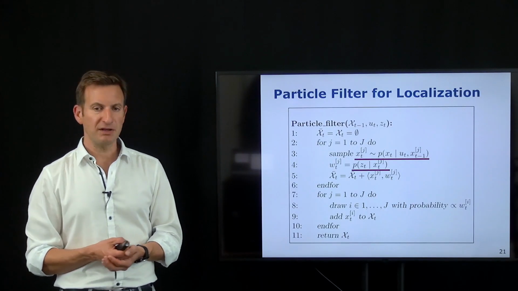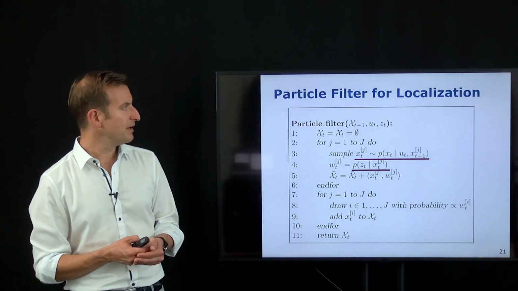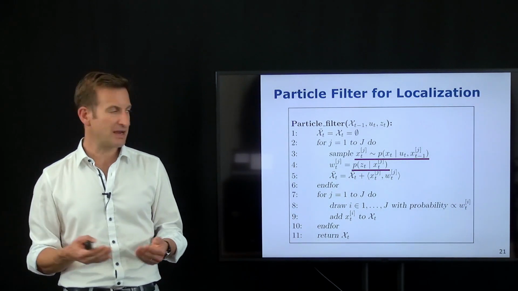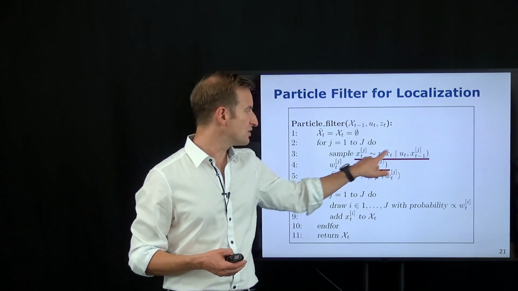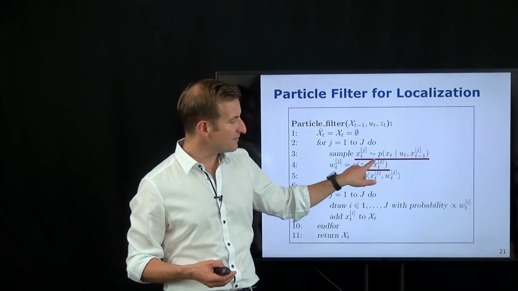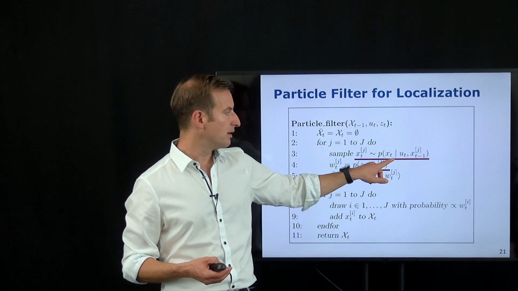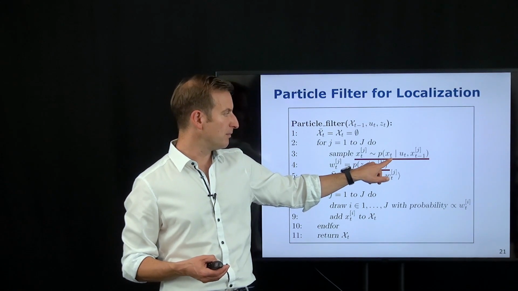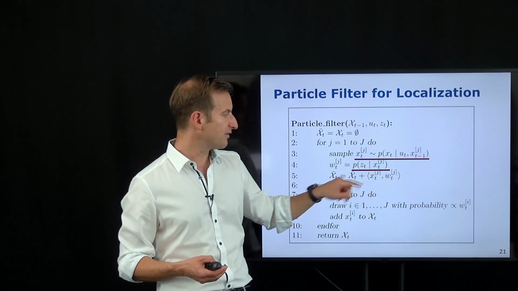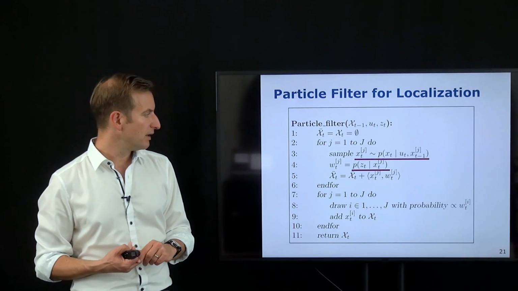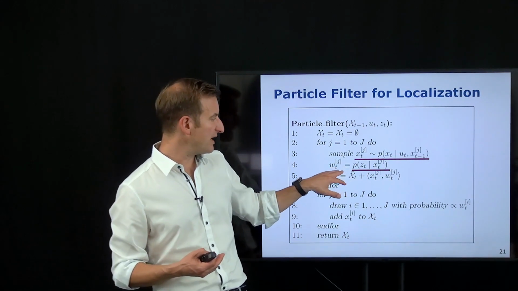So turning the particle filter algorithm into a particle filter for localization, so MCL, the only thing we need to change are those two lines. So we are defining our proposal distribution as the motion model, and this then results in being the observation model in our weighting step.